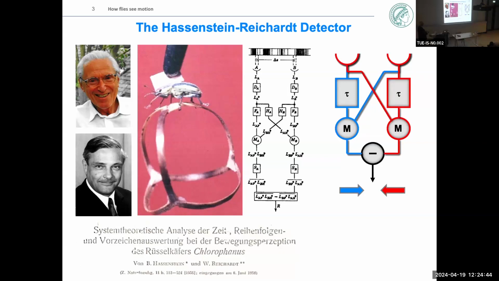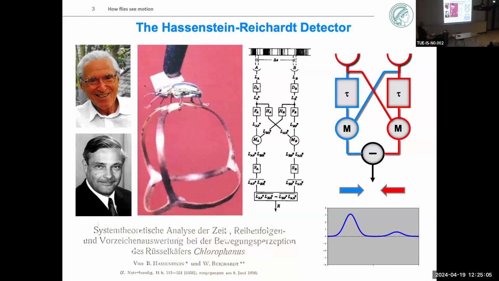Within each of these subunits, the signal from one photoreceptor is delayed by a low-pass filter and subsequently multiplied with the instantaneous signal from the neighboring photoreceptor. If you look at the output of these multipliers, you see all of a sudden direction selective signals.